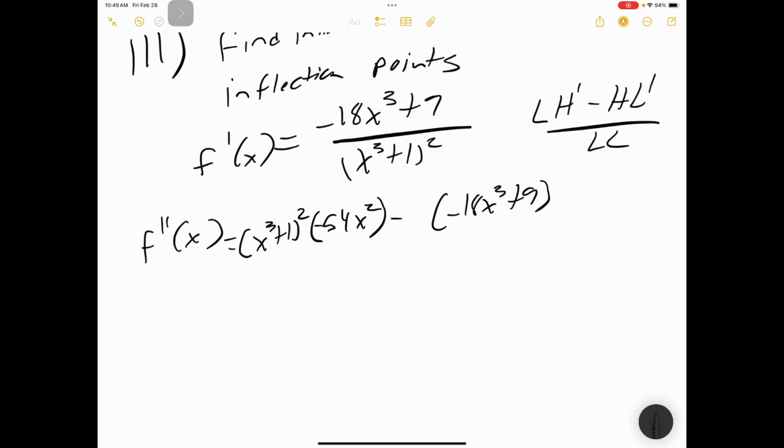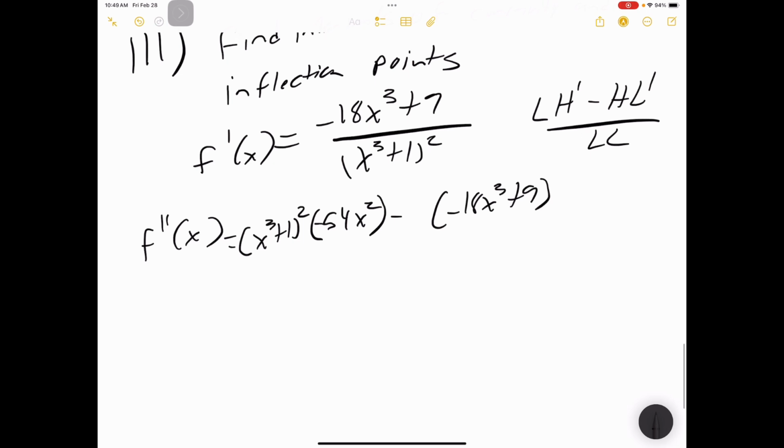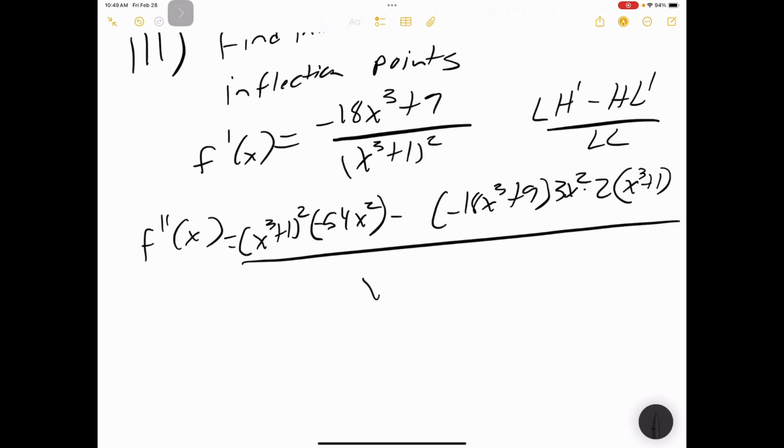We take the derivative of the inner function, which is just going to be 3x squared, multiplied by the derivative of the outer function, which is going to be 2 times x cubed plus 1, 2 times the inside. And all of that is over low low, which is x cubed plus 1 squared squared. And when you have a power to a power, you multiply them together, and so this is just going to be x cubed plus 1 to the 4th power down in the denominator.